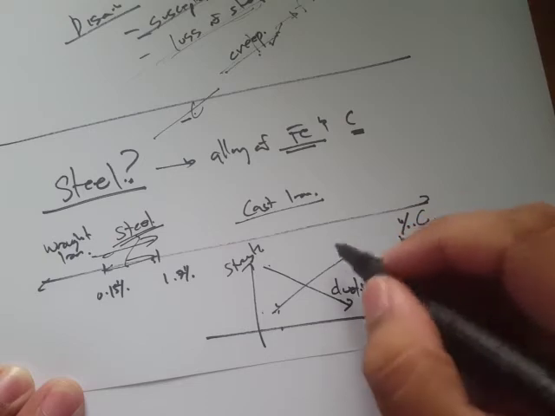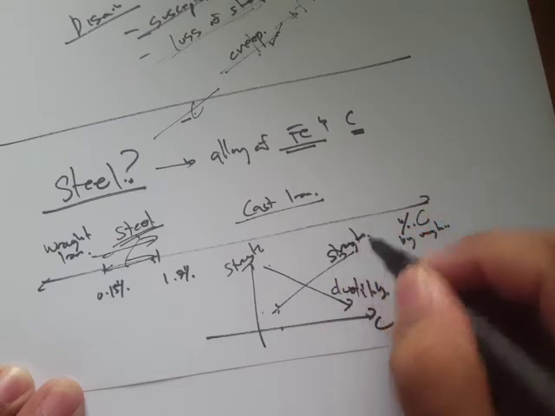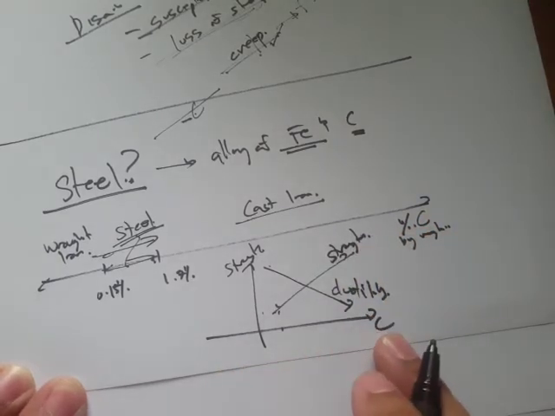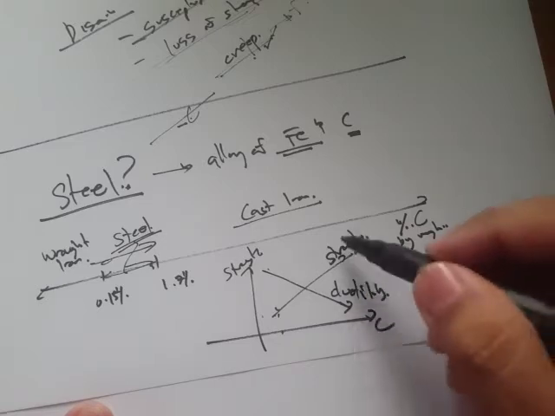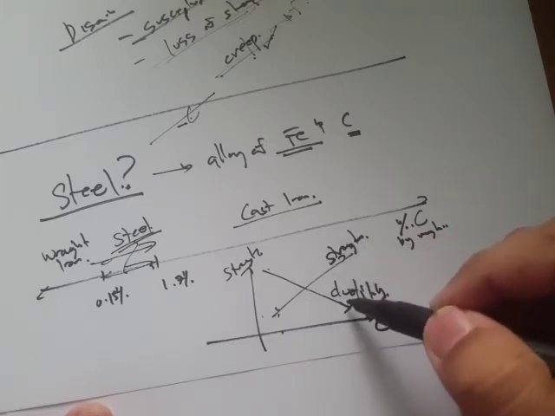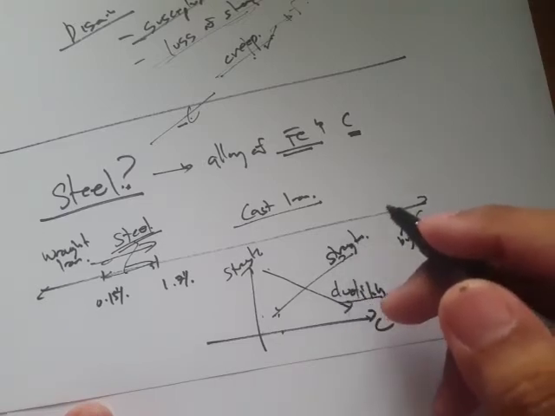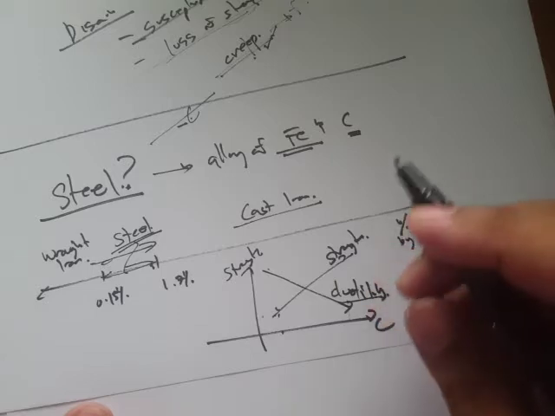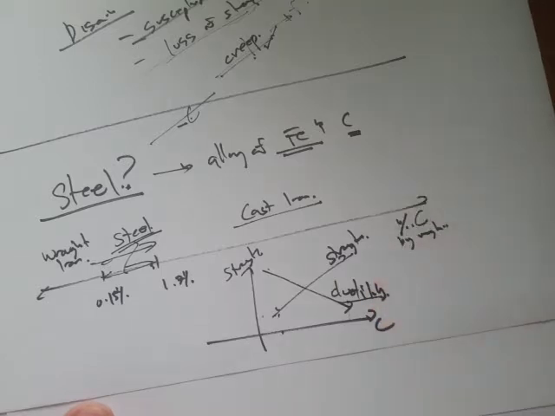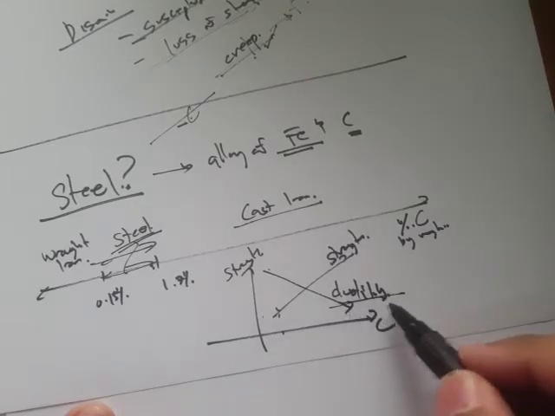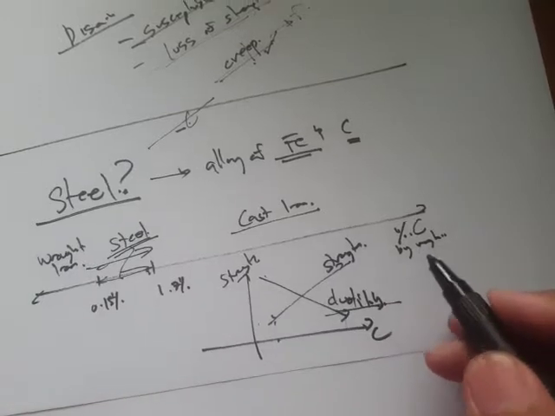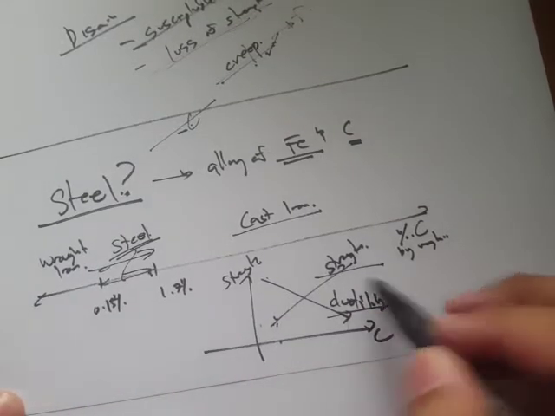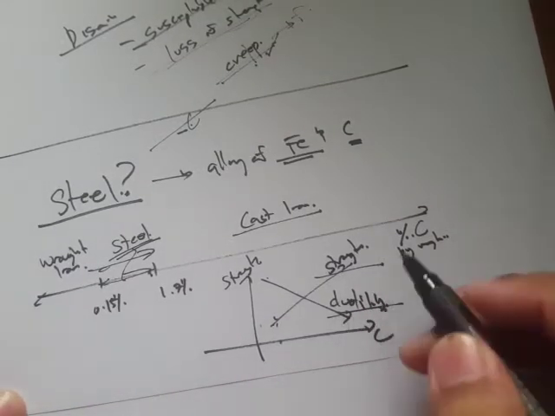Ductility is decreasing, but strength is increasing. Ductility means being able to carry loads while undergoing deformation before fracture. So that's the definition of ductility. So you have high strength, but you are less ductile.